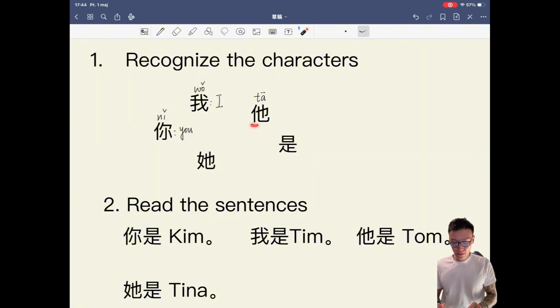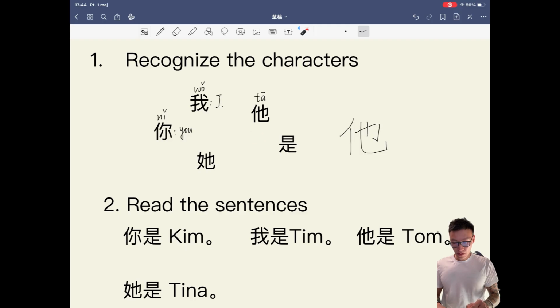So whenever you see this part, you know this is he, not she. All right, now let's write together. 1, 2, 3, 4, 5.